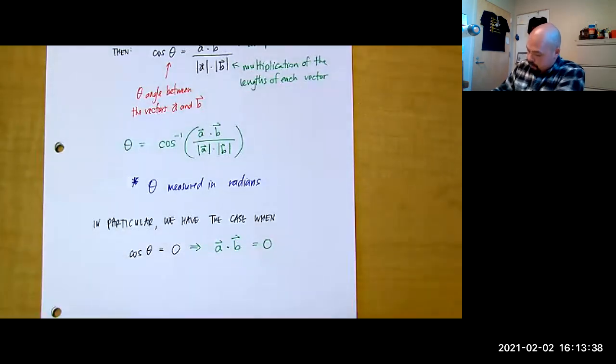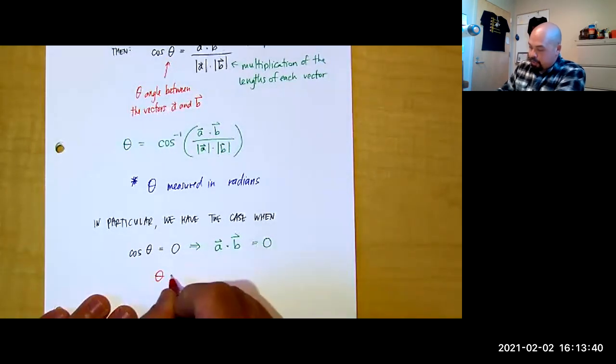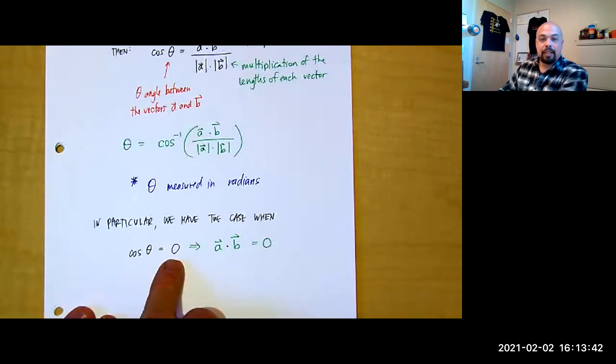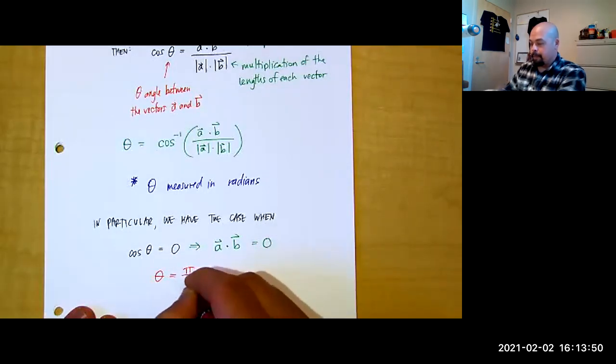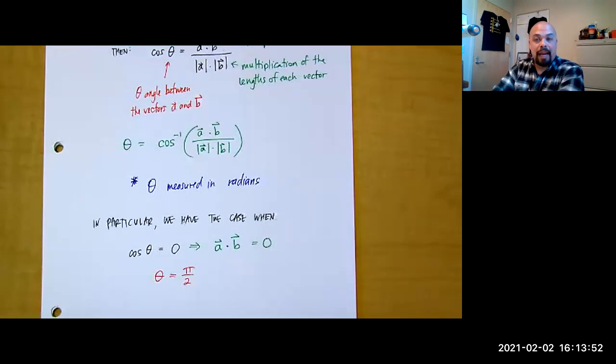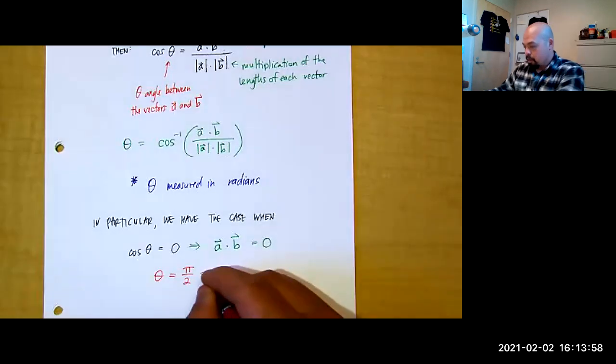That means the angle theta, what angle has a cosine equal to 0? Think about your graphing. Think about your special unit circle. When that angle theta is pi over 2, 90 degrees. A right angle.